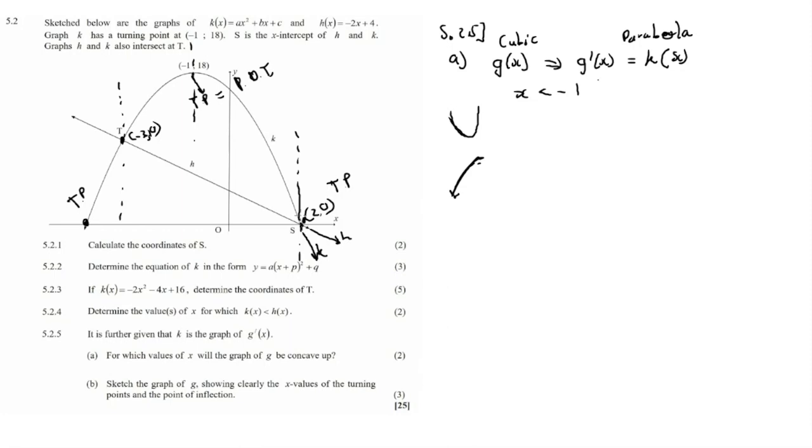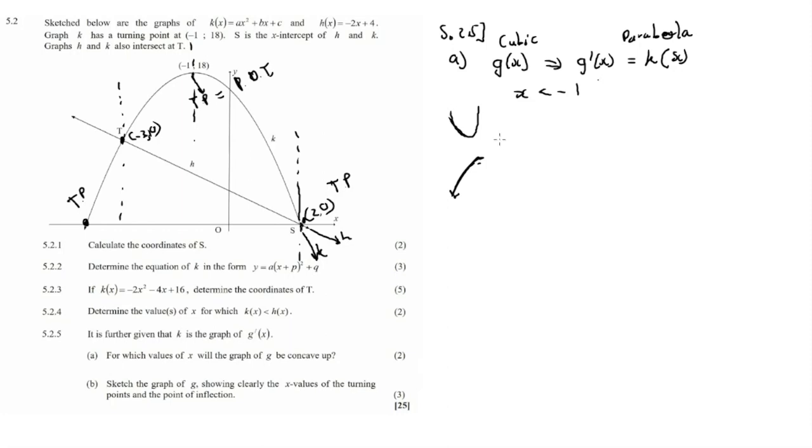So this turning point now, 2 and 0, what are the coordinates for this point? So we must calculate. I will take this function k of x, and then if you take the equation above, k in this form, calculate the turning point, or the x-intercept of the parabola, the missing one.